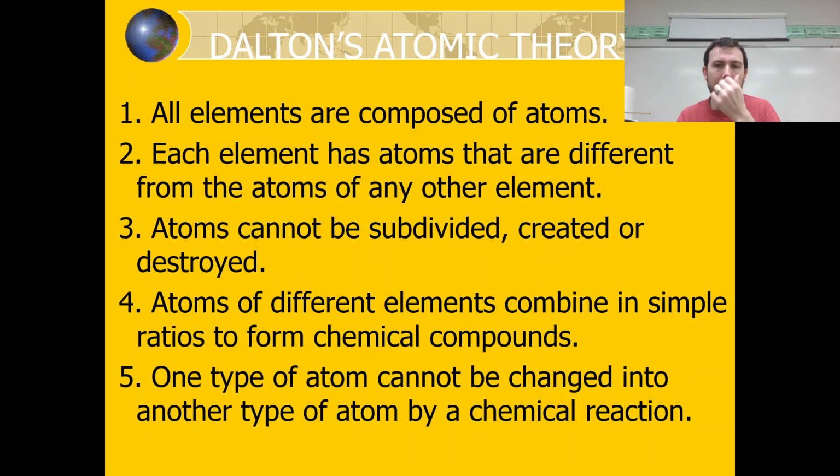So one type of atom cannot be changed into another type of atom by any chemical reaction. That makes sense. Now, as we look at those 5 postulates or 5 assumptions that Dalton was operating under, we can certainly see that some of them definitely still have precedence and value today. However, we can also notice that some of those assumptions are simply just not true.